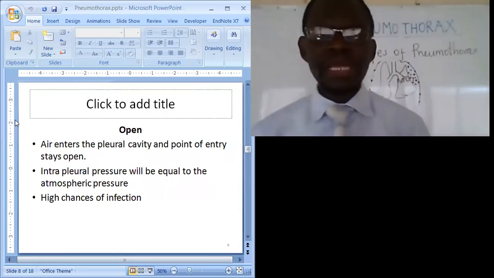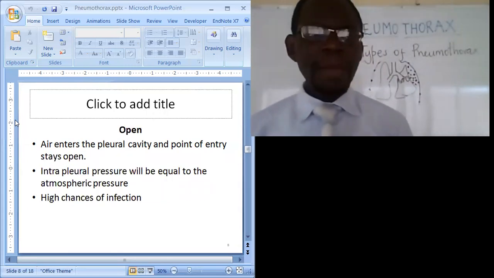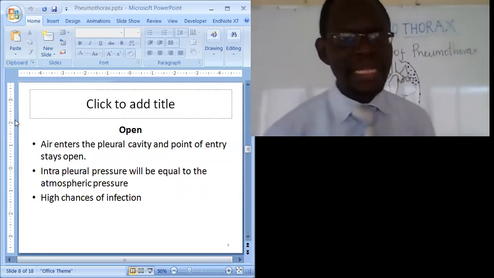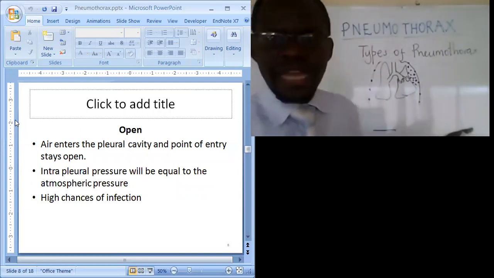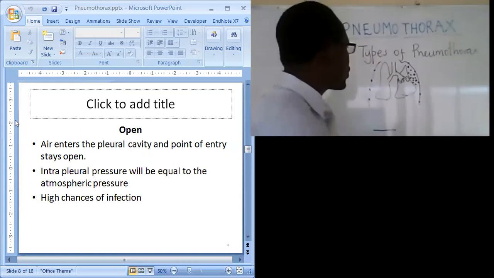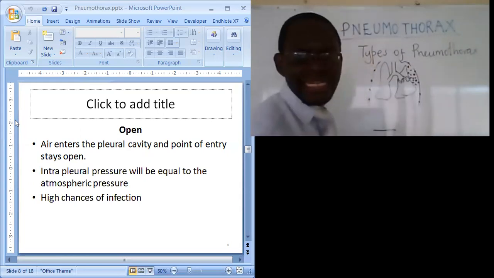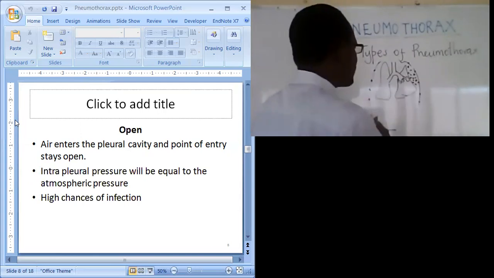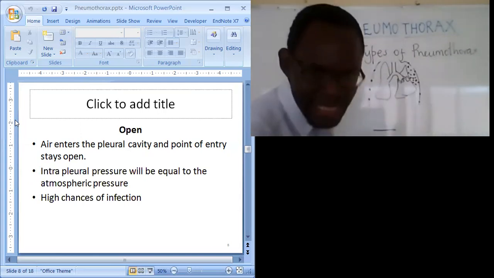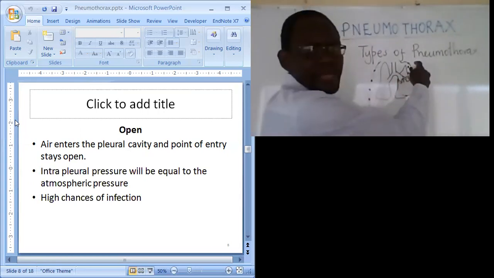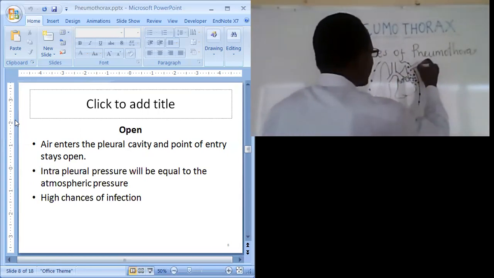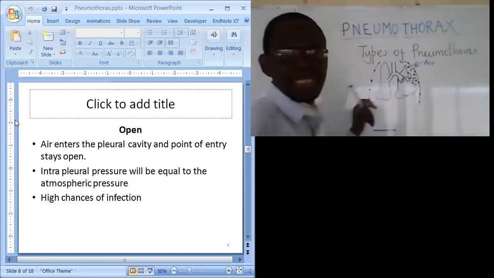Now it can also be open, whereby with open we are saying that there's a point of entry that stays open. So you can have a point of entry on the outside, like for example, if this is a point of entry of air on the outside, it stays open.